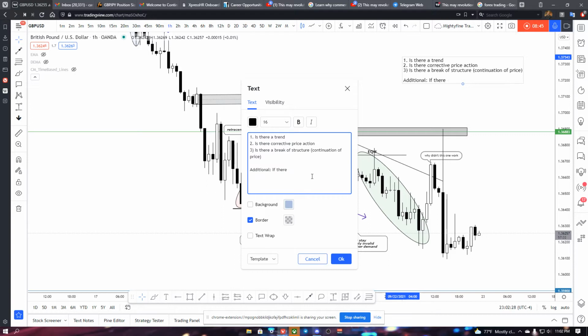If there are supply or demand zones within continuation or determining trend, price more than likely will revisit.